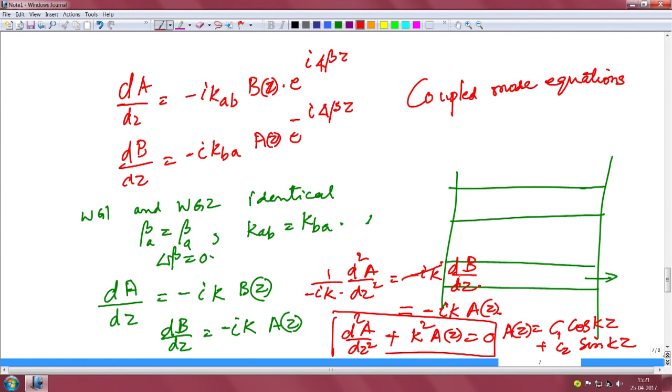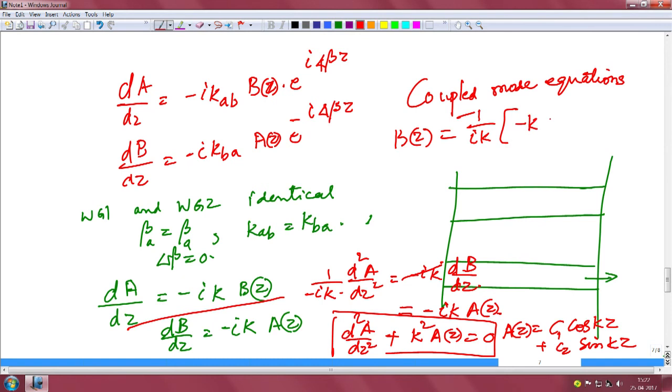Of course, we also need the expression for B, which we can get from the first expression. We can substitute for A into this and get the expression for B. I will write somewhere here. So, B of z can be given as minus i over k d by dz.